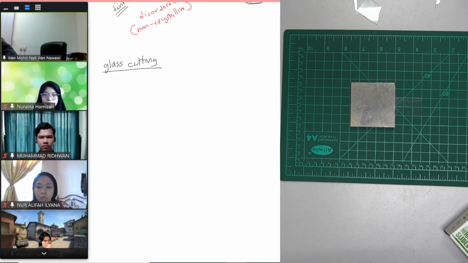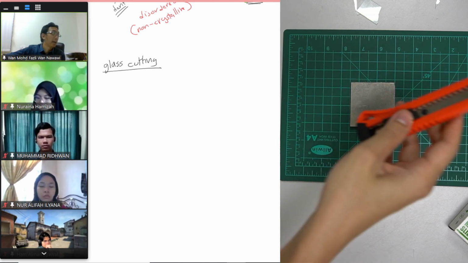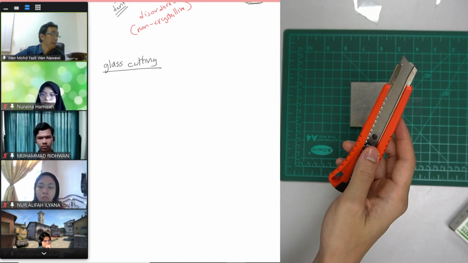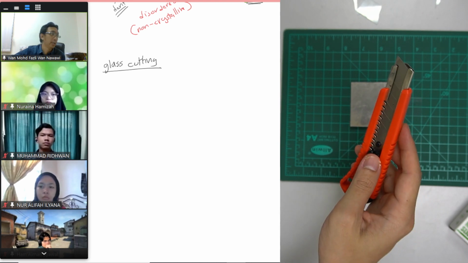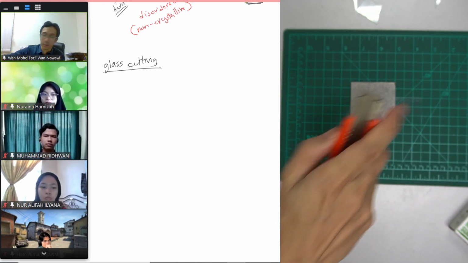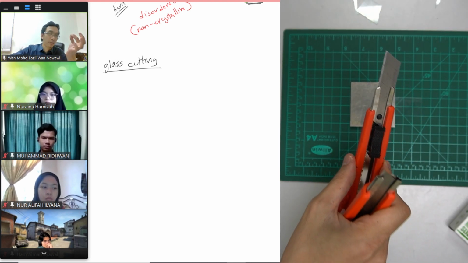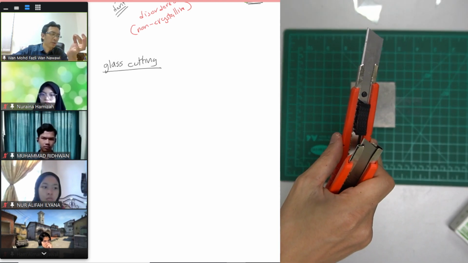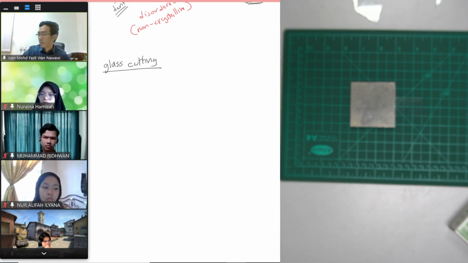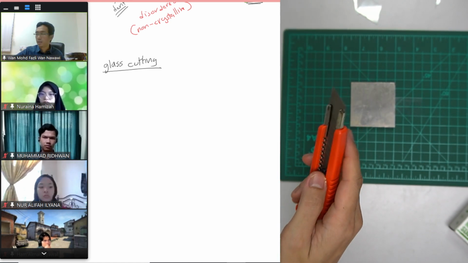Let's say I take this knife, the new knife that I use now. This is blunt. It's not as sharp as the one I used just now. Maybe because that one is sharp, it sort of slips here and there. But this is a really a little bit blunt.